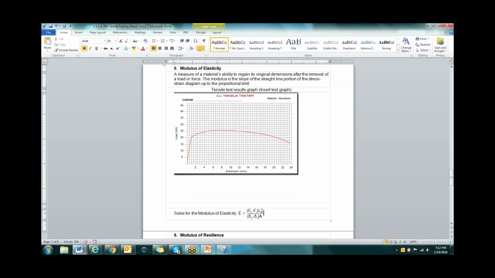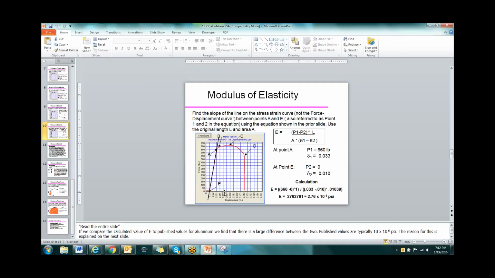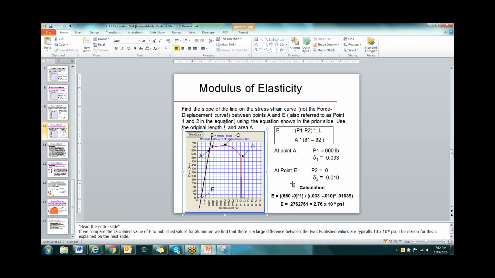But what ends up happening sometimes when you run the test, it won't happen on the virtual one, but if you're running an actual test, before the piece can actually get seated, sometimes there'll be some sort of slipping until it finally seats, and then it'll start adding force. And what might end up happening is something like this. So you might end up getting a graph that looks similar to this.